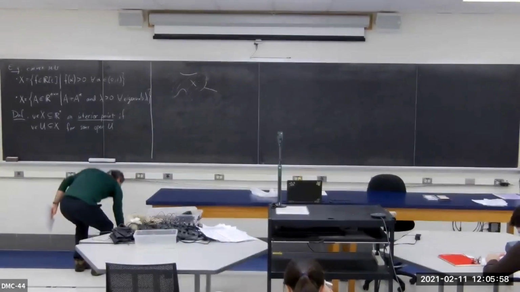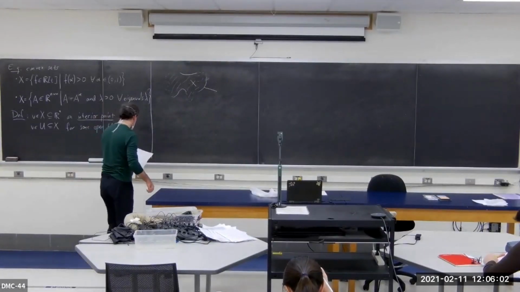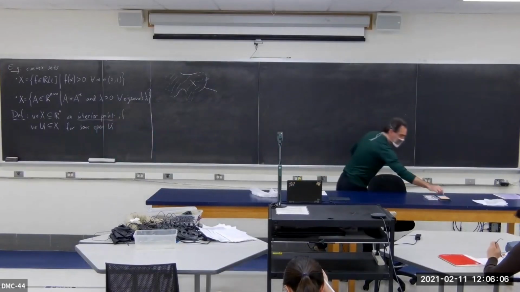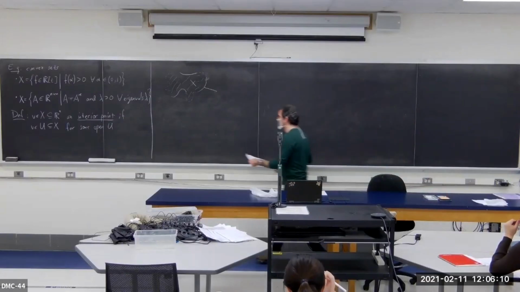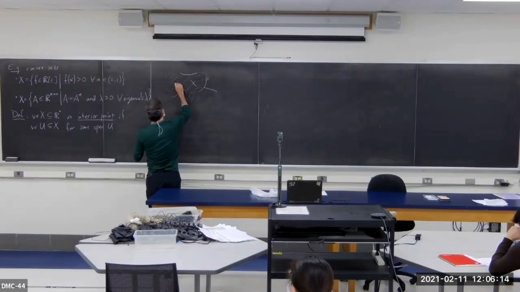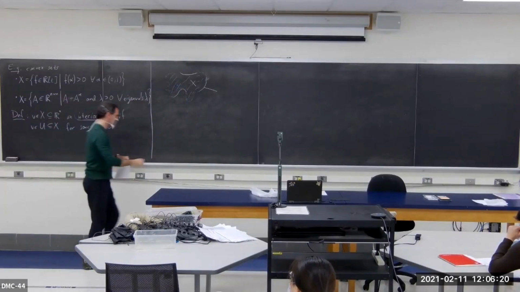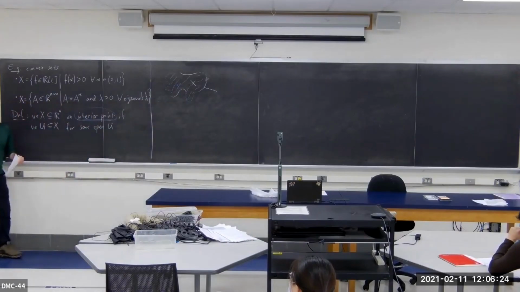This is just going to be some arbitrary set. So for instance, this over here would be an interior point. It just says that it has a neighborhood inside of X.